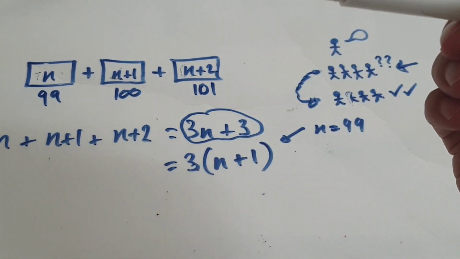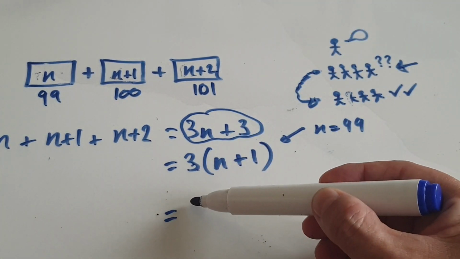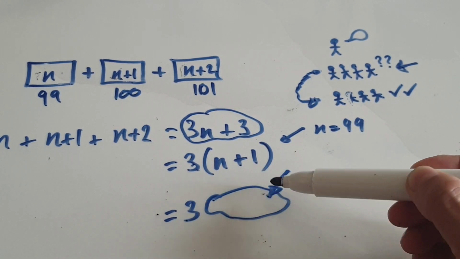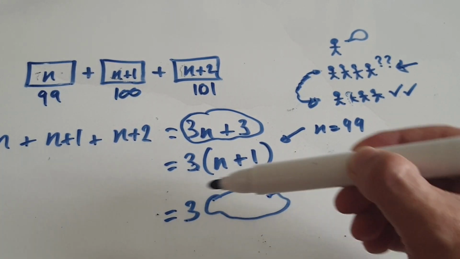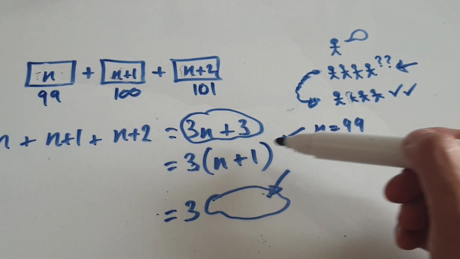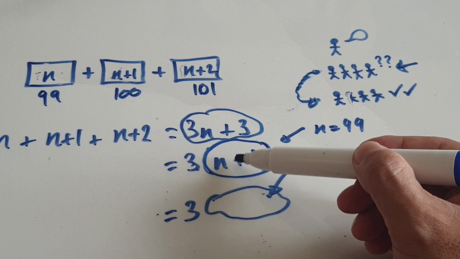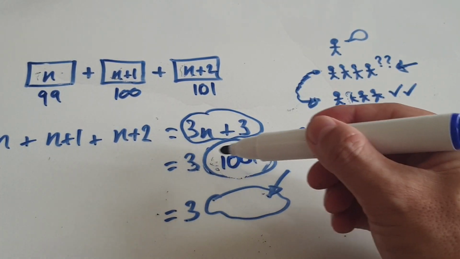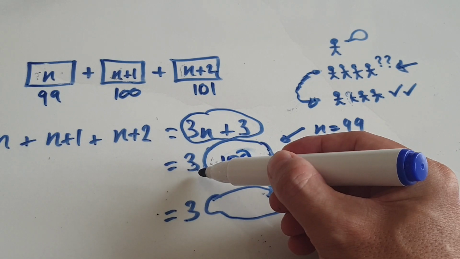So to show that something's divisible by 3, you have to write it as 3 times something. And if this something is a whole number, then you know it's divisible by 3. For example, when you choose n to be 99, this thing here will be 100 because it's plus 1. So the number 300 is divisible by 3.